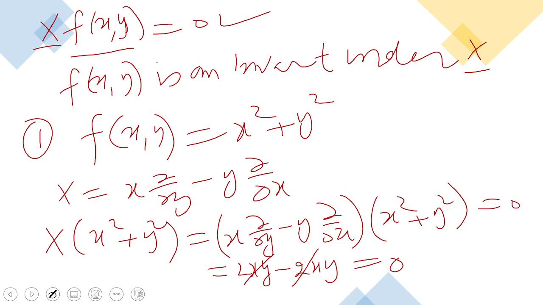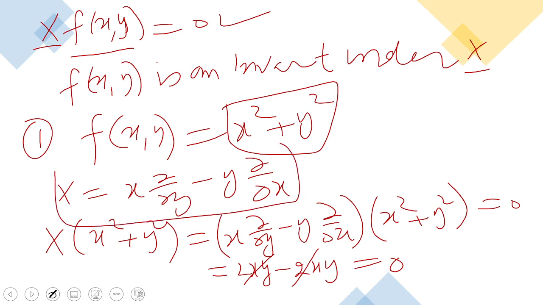This gives me 0. That means this function is invariant under this operator. So this is some verification of the function that it is invariant under the given operator. This is one example for the previous lecture.